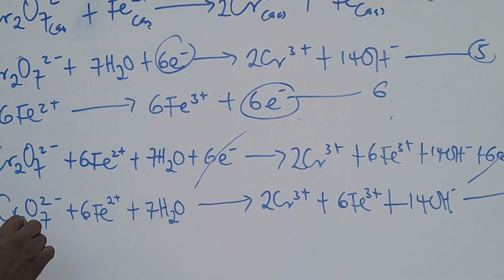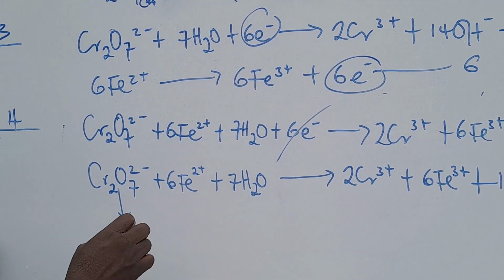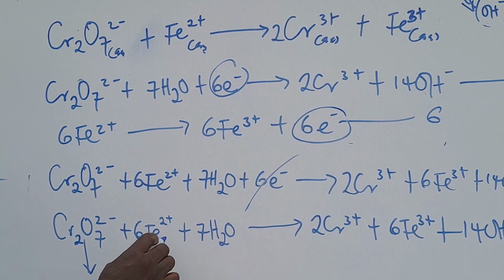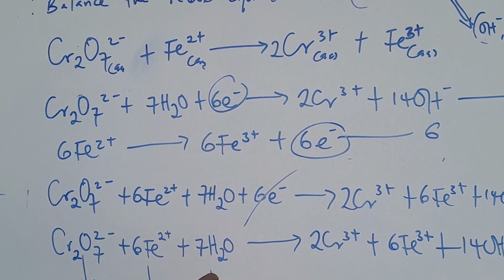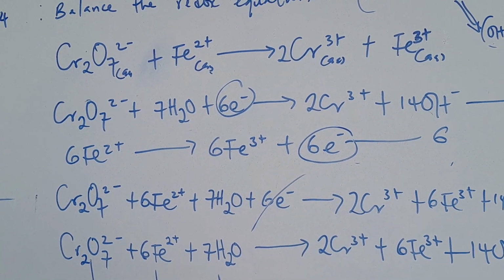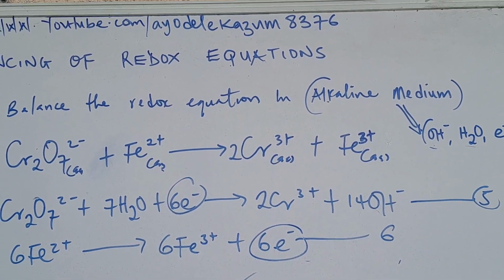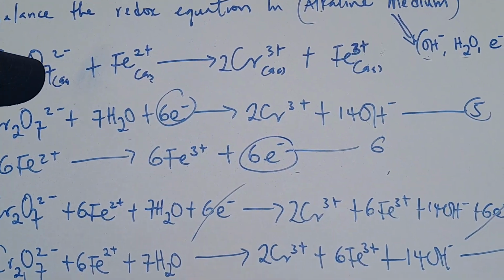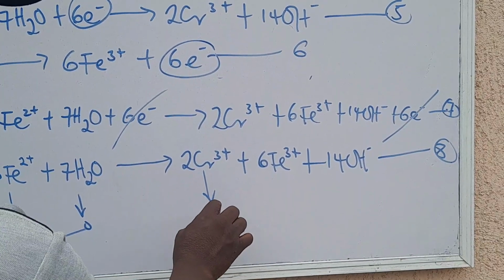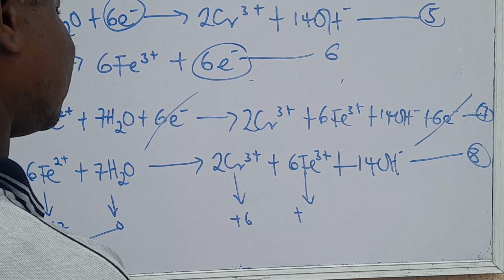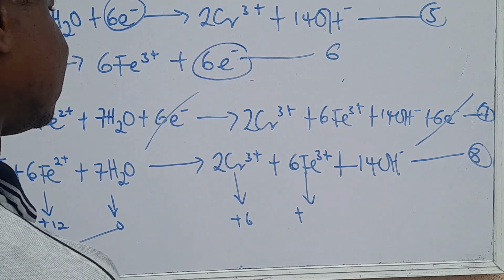So let's check the ions quickly as we wrap up for today. -2 plus 12, 2 times this, and 0. So what do we have finally? -2, 12, that's plus 10. That's plus 6. That's plus what? 18.